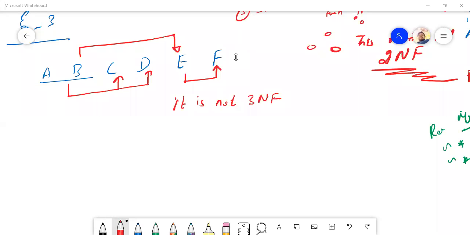So I'll call upon Nipun Shanaka. Please unmute your mic. Nipun Shanaka, you are there? If you are not there, then I'll remove you. Okay.